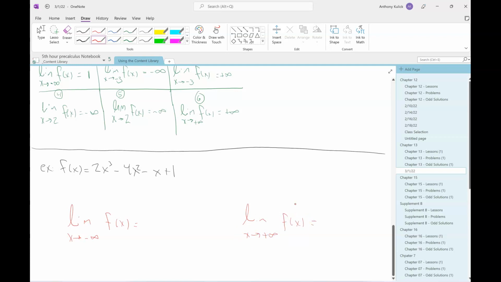Because this is a polynomial function, I know that it's connected all the way in between. So I'm going to have one arrow pointing to the left and one arrow pointing to the right automatically. I know that because this is a polynomial. Is everybody okay with that?